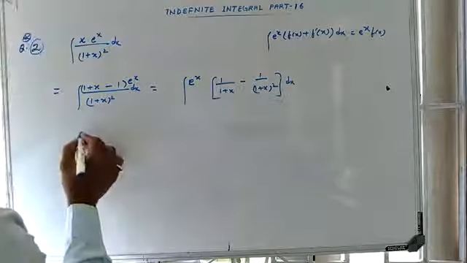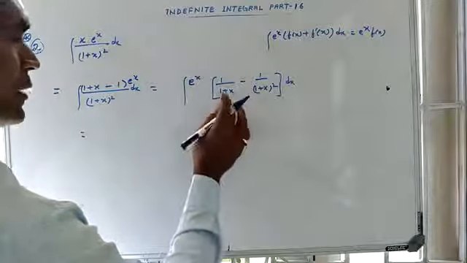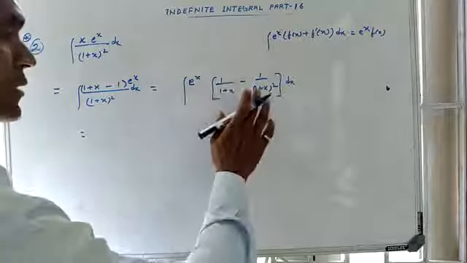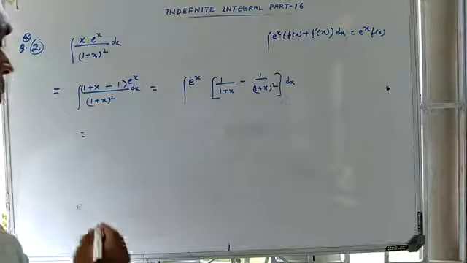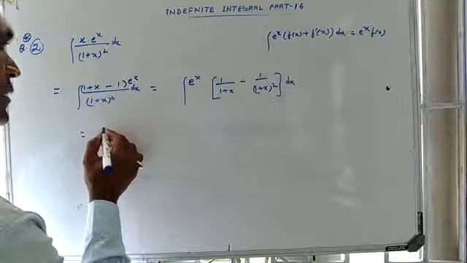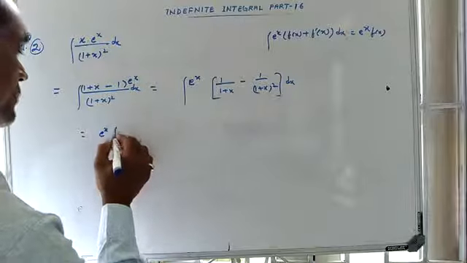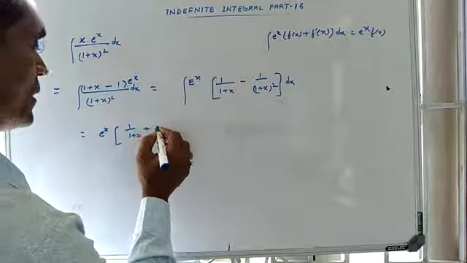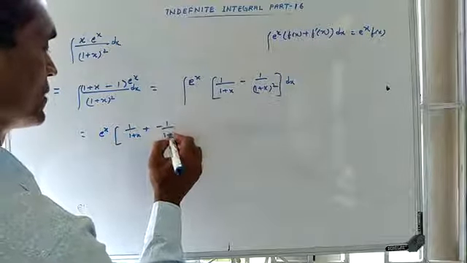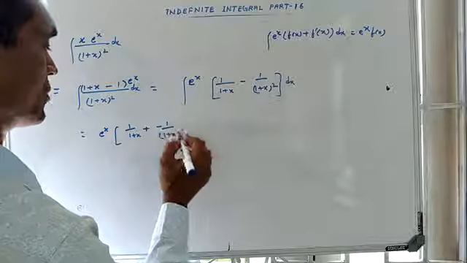The derivative of 1 by 1 plus x is minus 1 by 1 plus x whole square.